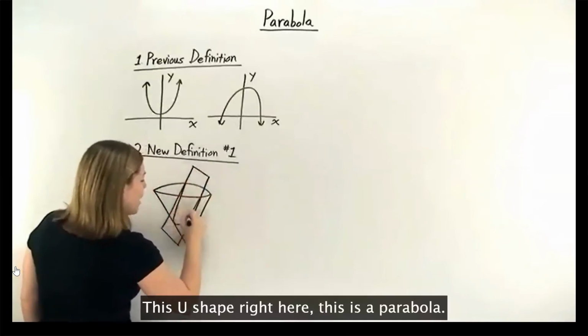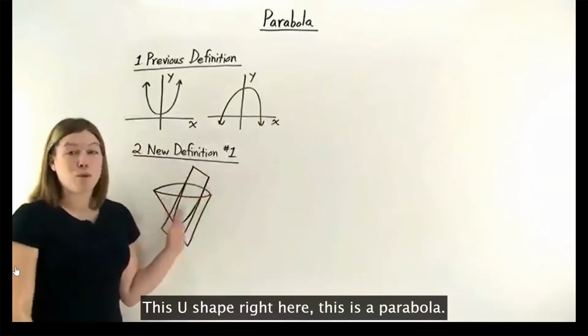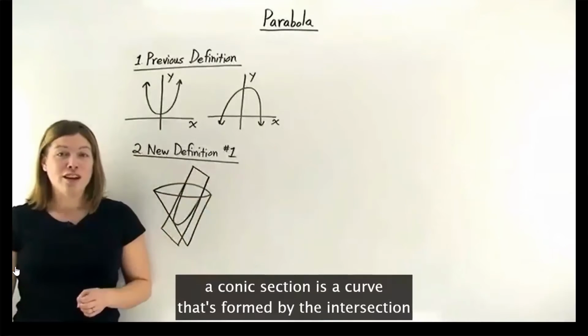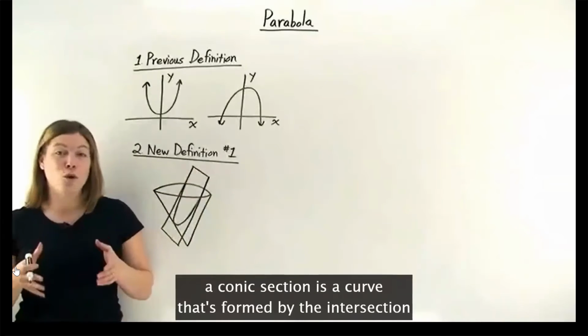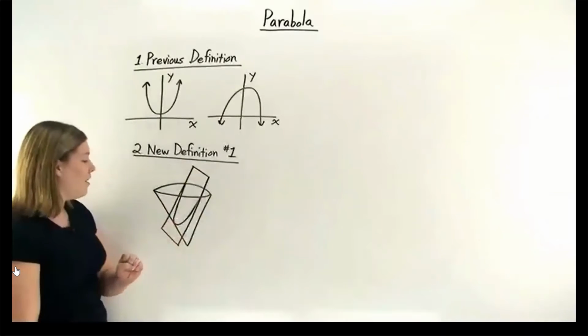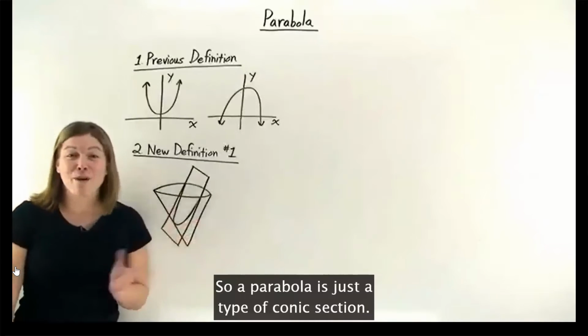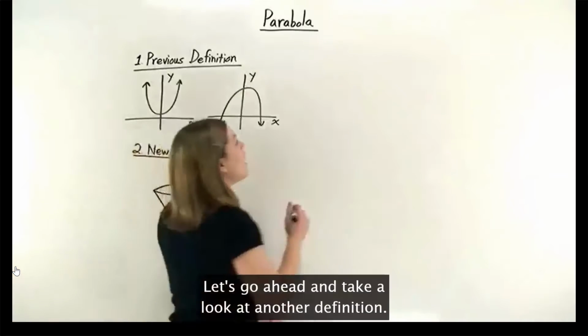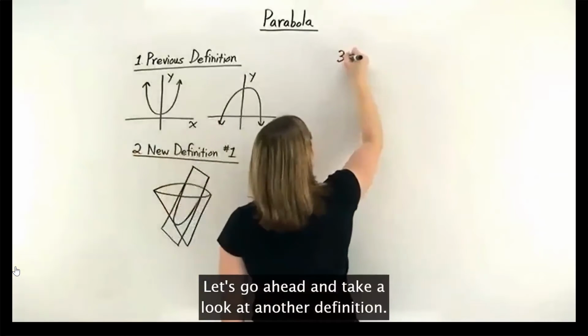This U shape right here. This is a parabola. And if we think back to the definition, a conic section is a curve that's formed by the intersection of a plane and a cone or a double cone. So a parabola is just a type of conic section. Neat.